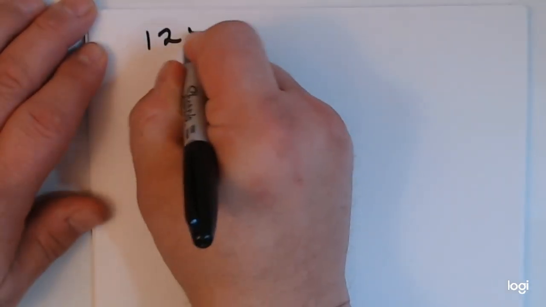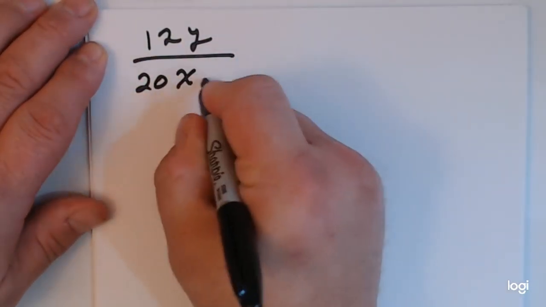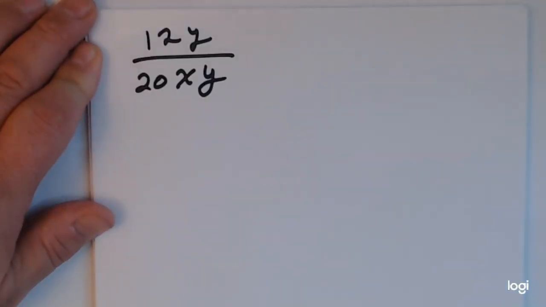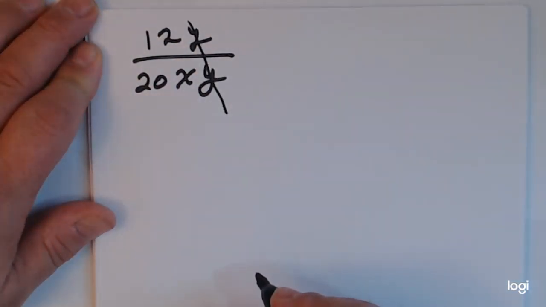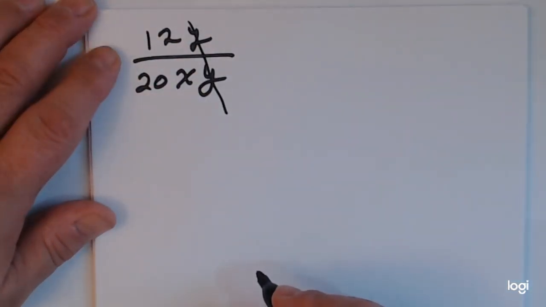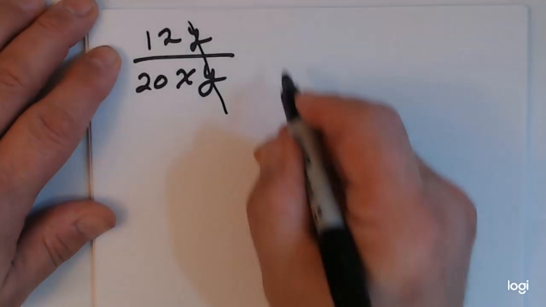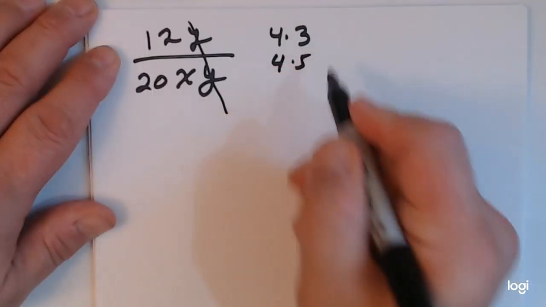12y over 20xy. So again, the y's cancel, and the 12, well, the 12 is 4 times 3, right? And 20 is 4 times 5.